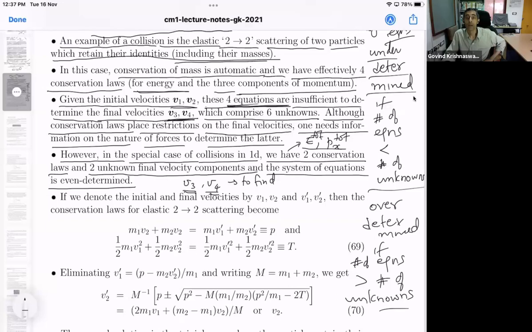But here the number of unknowns grows a little bit faster because you have two particles going out and each of them has as many components of velocity as there are directions to move in. So it is as simple as that. You have only one total momentum, but you have two particles going out. So you're at a loss. In a very simple way, that is all there is to it.